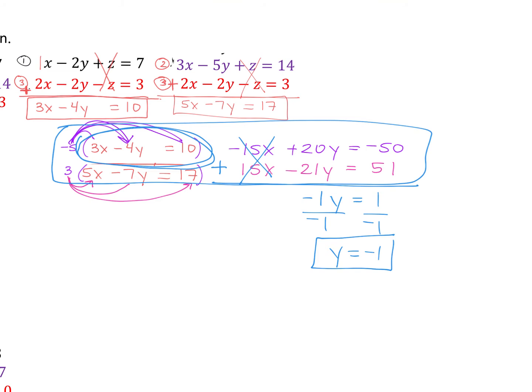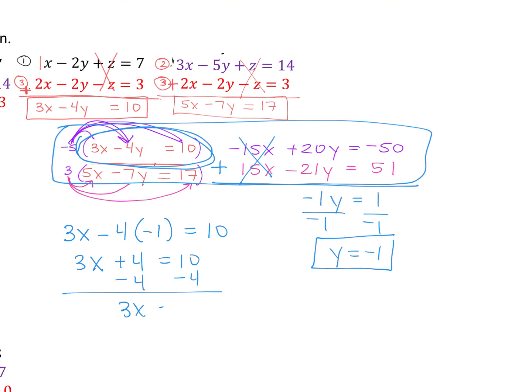So it's going to be 3 times x minus 4 times negative 1 equals 10. Okay, so 3x plus 4 equals 10. Take away the 4. So we get 3x equals 6. Divide by 3. So x is 2. We have 2 of the 3 variables, guys.